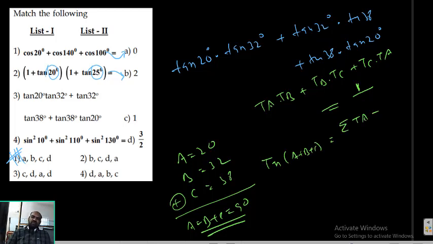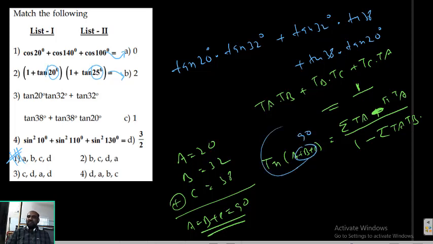sigma tan A minus pi tan A by 1 minus sigma tan A into tan B. This is the formula. So if A plus B plus C is 90, you write 90 here, then LHS won't be defined, tan 90 won't be defined.